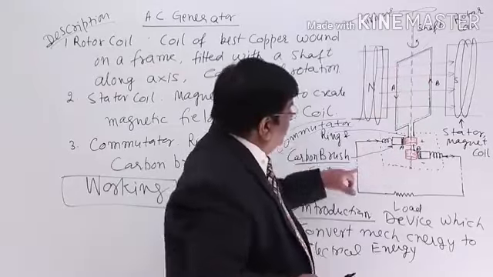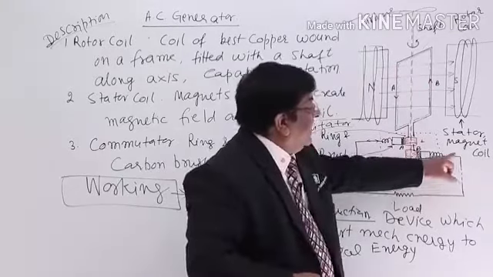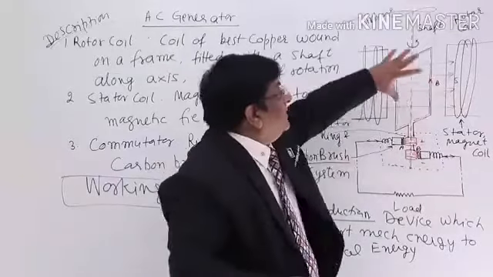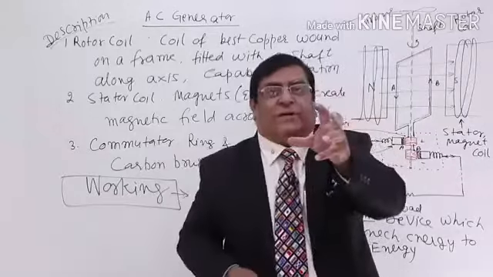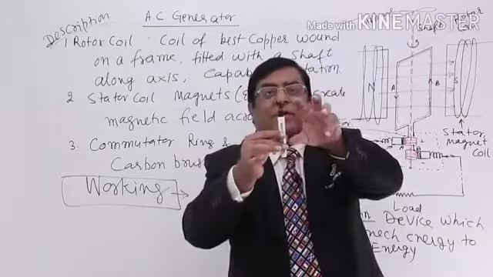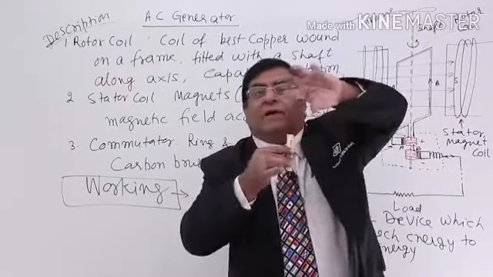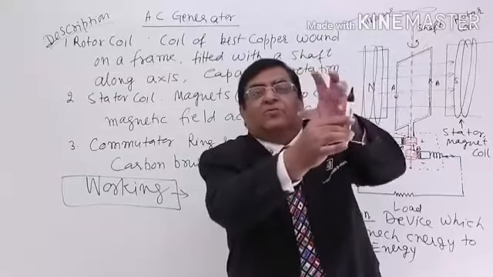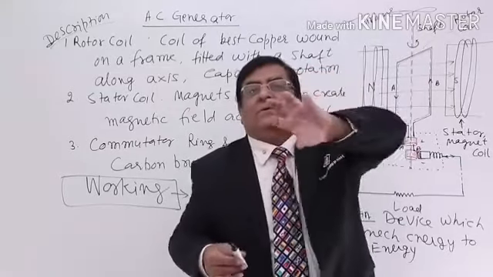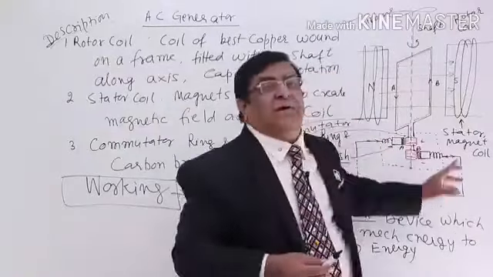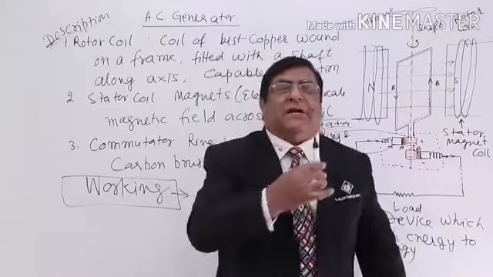All the electrons in this 100 km, when it is going up, all move like this. And when it is coming down, all move like this. This is alternating current.